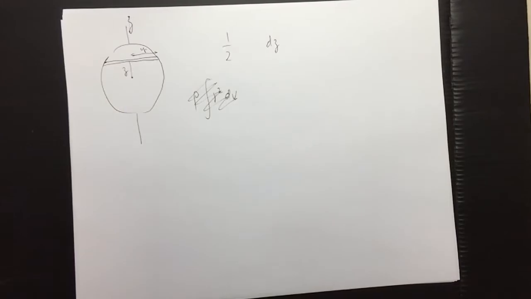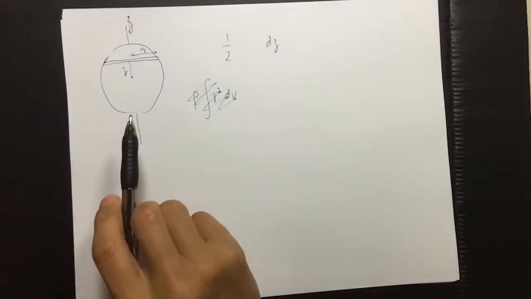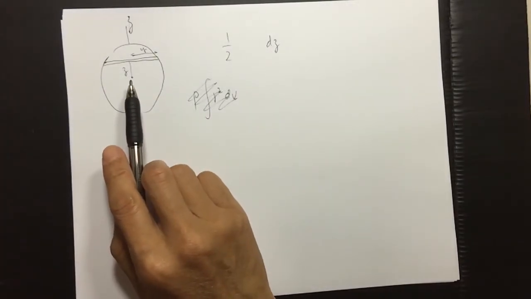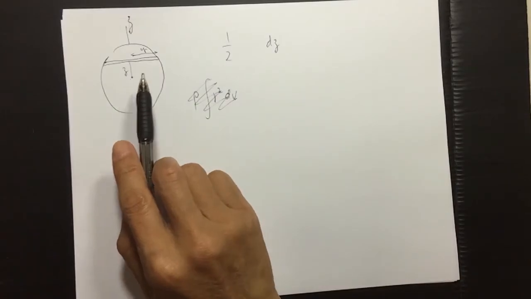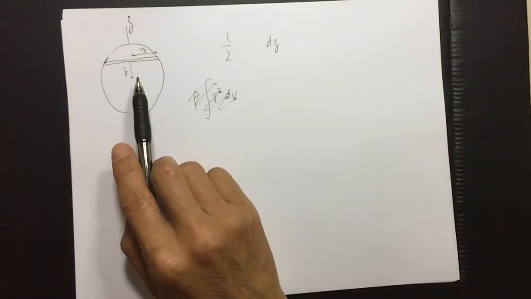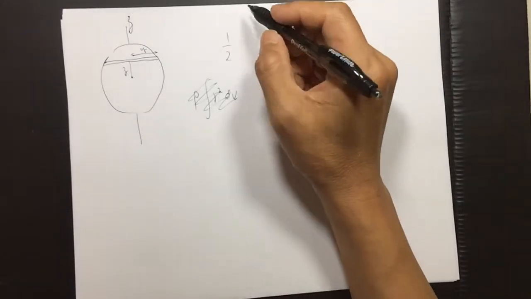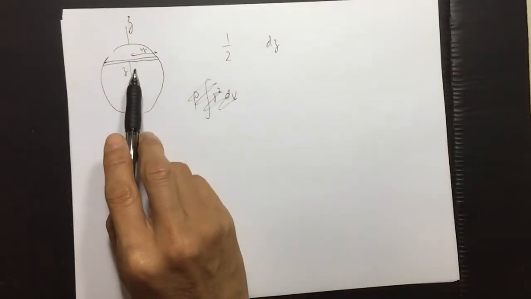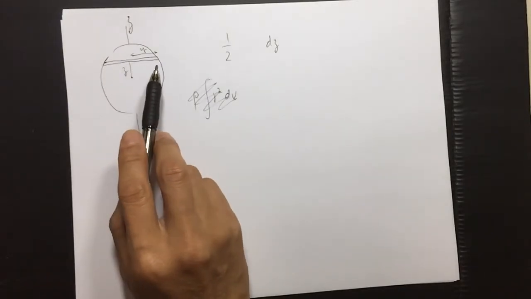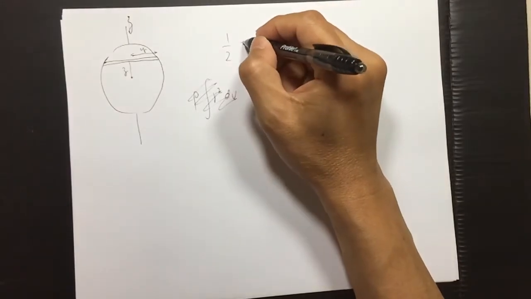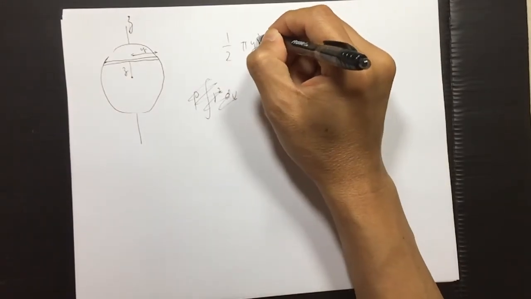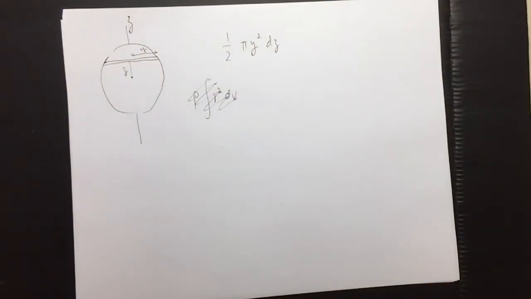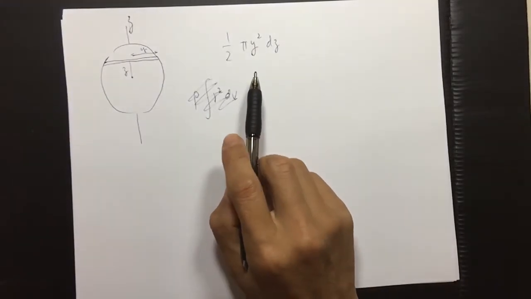Now, for this little disk, it's dz. The area of this is pi y squared, so the volume is pi y squared dz.